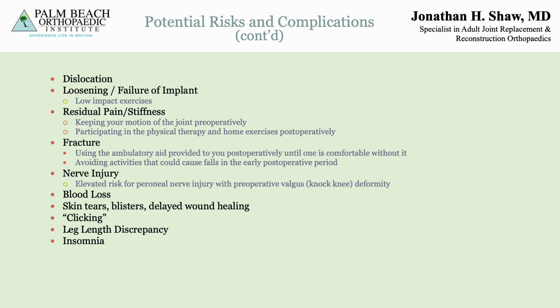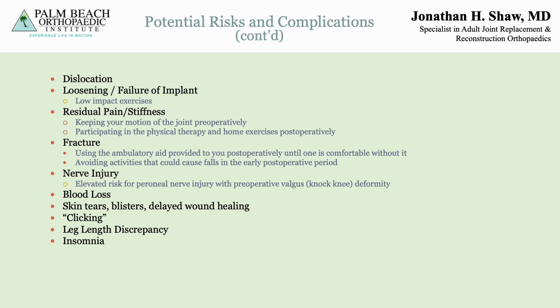Here are a list of other potential risks and complications. Dislocation is when the implants do not articulate together. Most of the time, this is from a fall, or if patients are given precautions, they are not met postoperatively. Loosening and failure of implants can be a long-term complication.